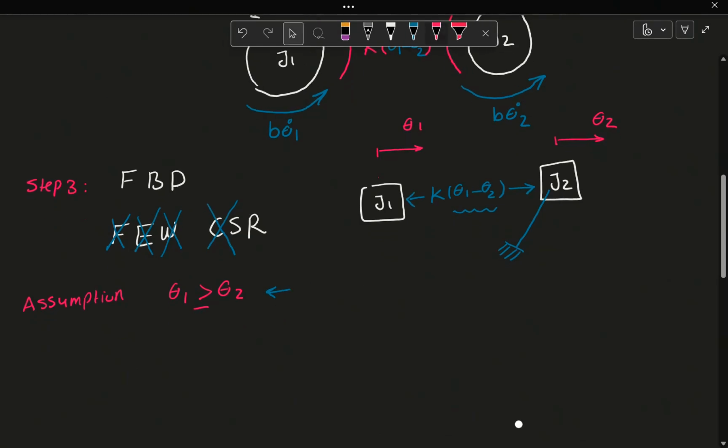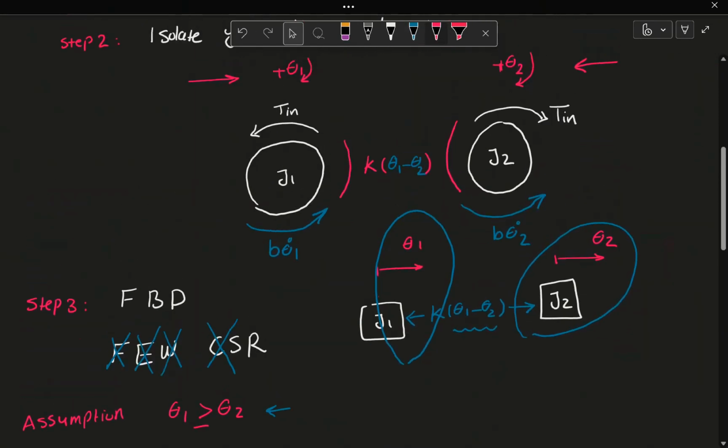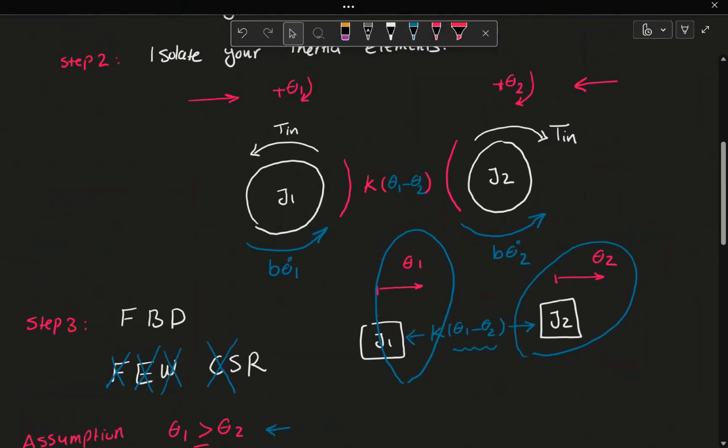Now look at this. On the side of J1 and theta 1, these two contradict each other. On the side of J2 and theta 2, these two match. So let's go to our free body diagram.